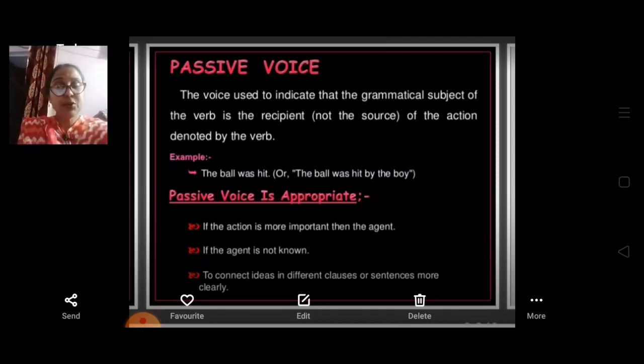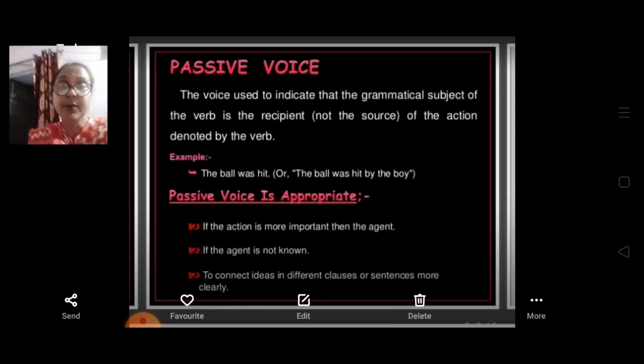First of all, we should know in simple language what passive voice is. When the subject is not the doer of an action, but something is done to it, the sentence is said to be in passive voice. Only a sentence with a transitive verb can be changed into passive voice. If it is not a transitive verb, it cannot be changed.